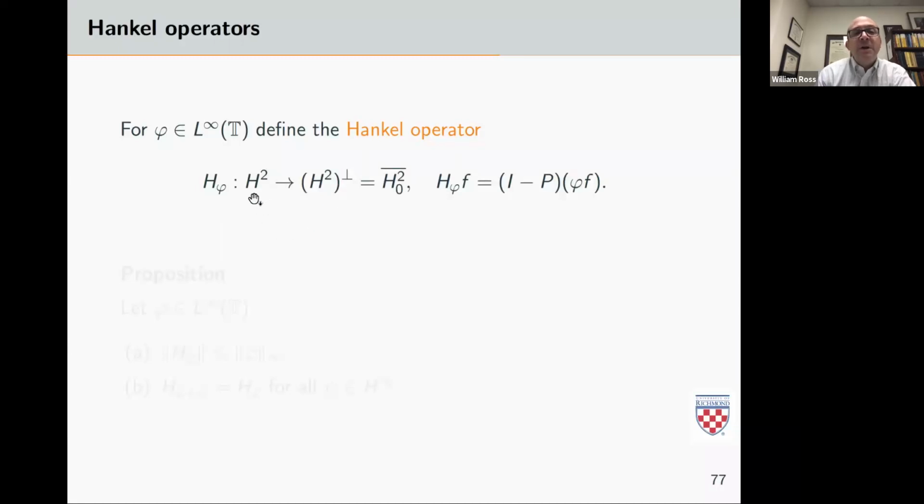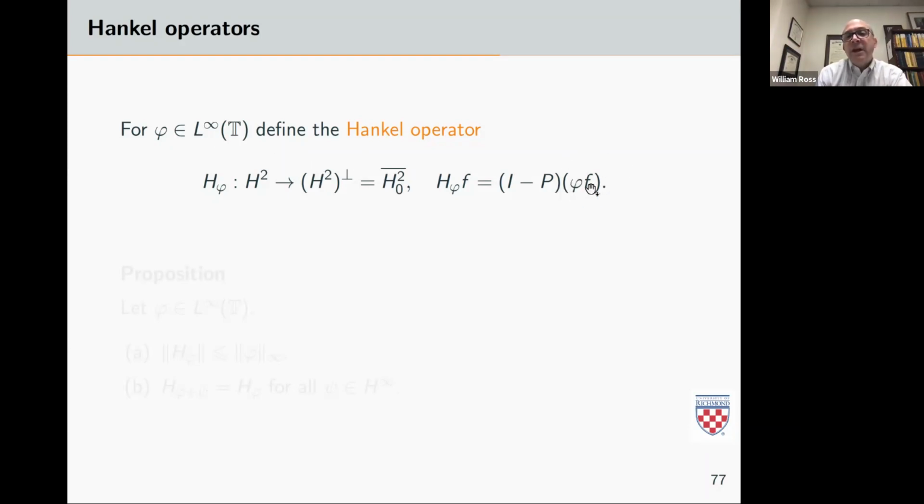It's going to go from the Hardy space H2 to its orthogonal complement, H2 0 bar, and it's defined in a similar way to a Toeplitz operator. You take a function f in H2 and multiply it by phi. Now, f has only non-negatively indexed Fourier coefficients. I multiply by phi, which has both possibly positive and negative Fourier coefficients.